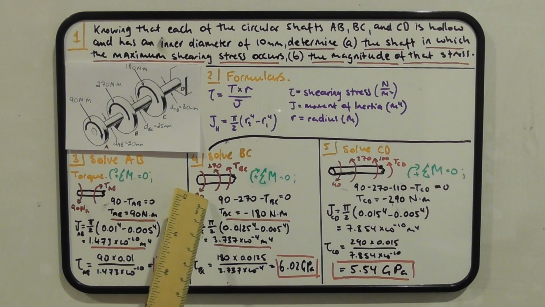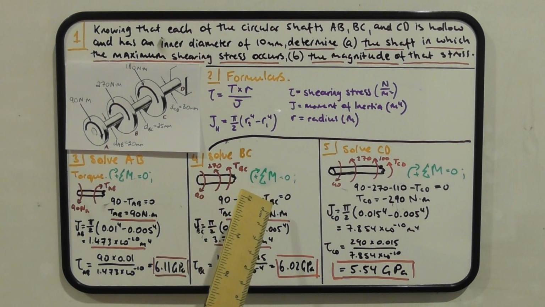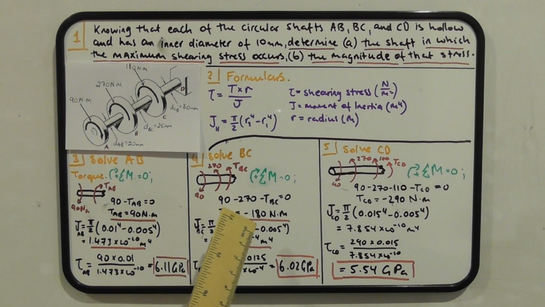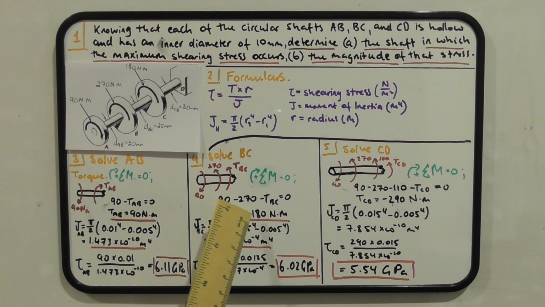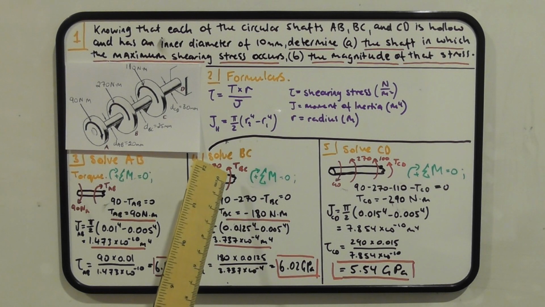So it will be positive 90, negative 270, and negative torque BC equals 0. Now you'll find here that torque BC equals negative 180.